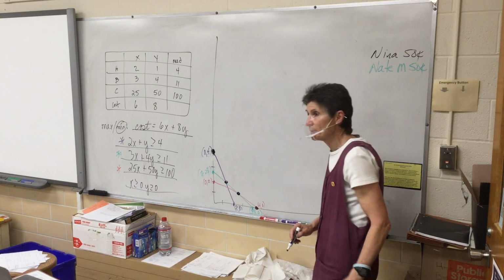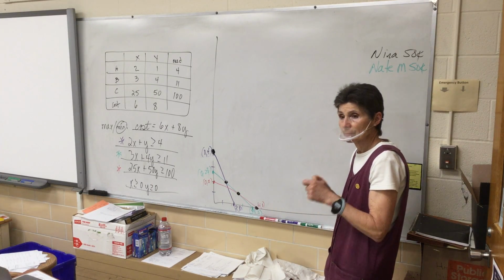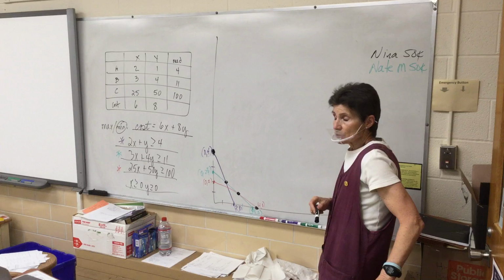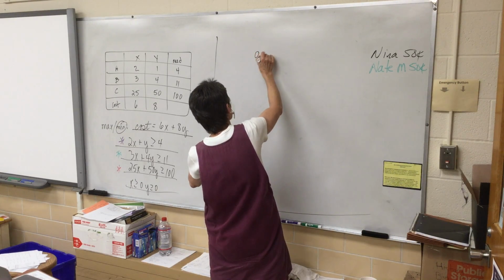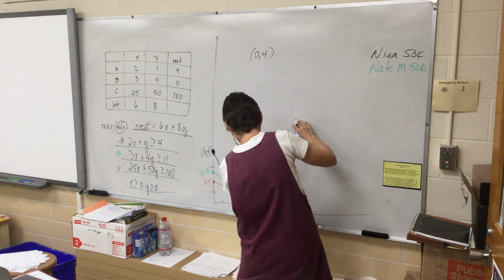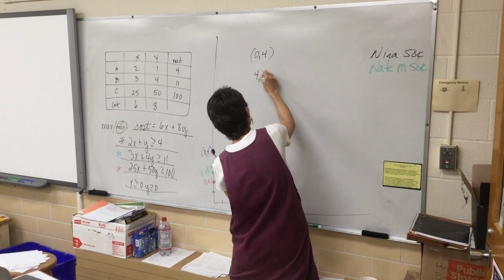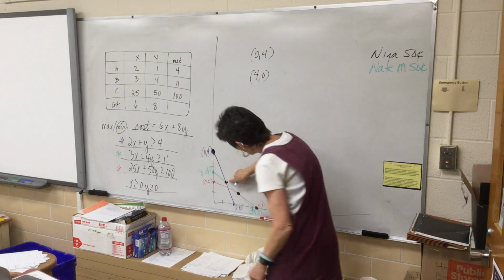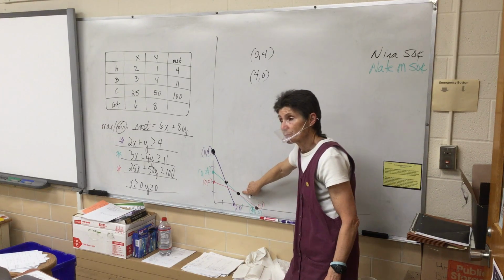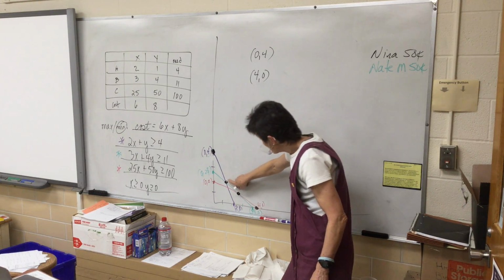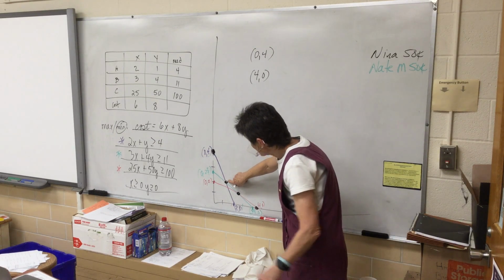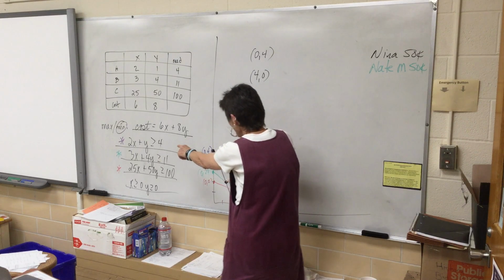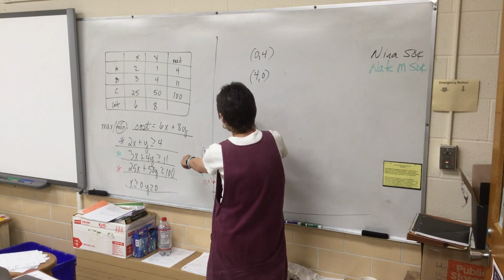Does that make sense to everybody? So my answer is either going to be 0, 4, or 4, 0, or one of these two. And these two are, well, this one is the intersection of purple and green.